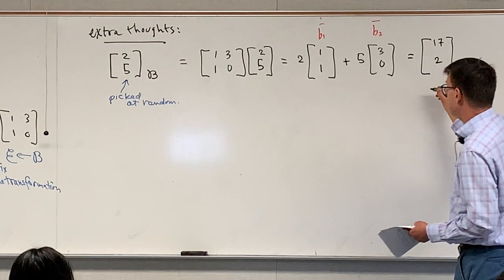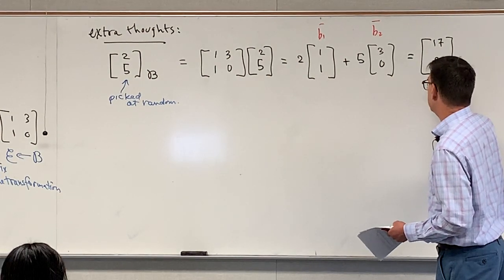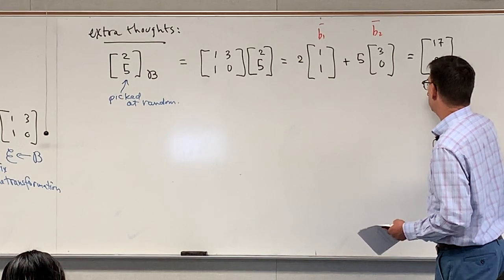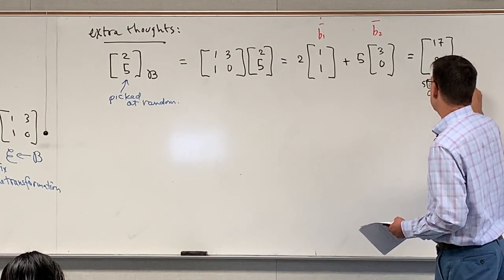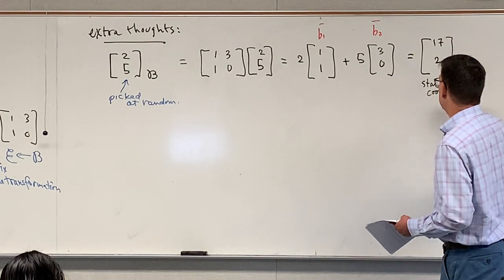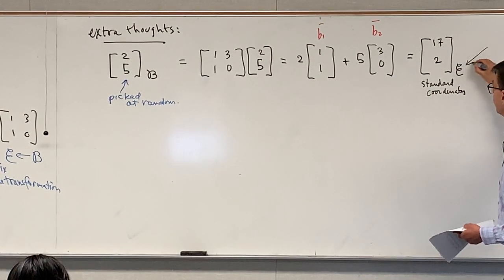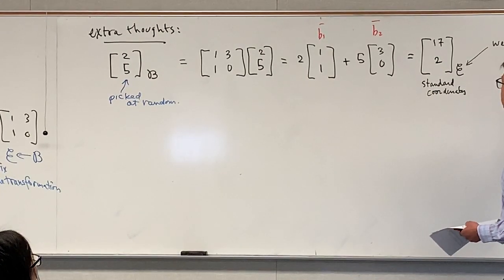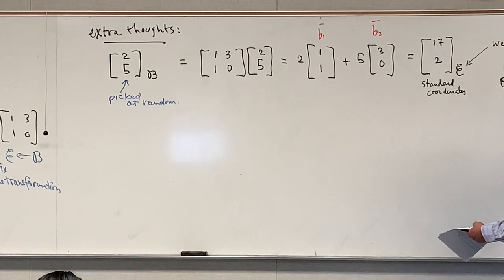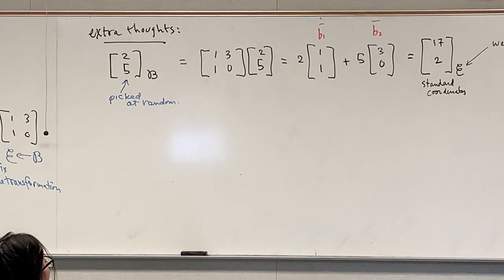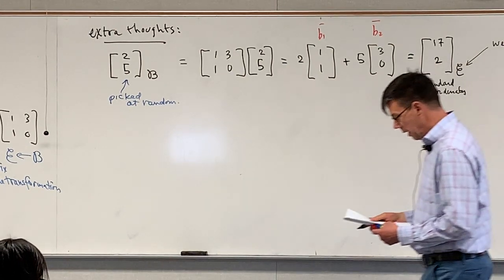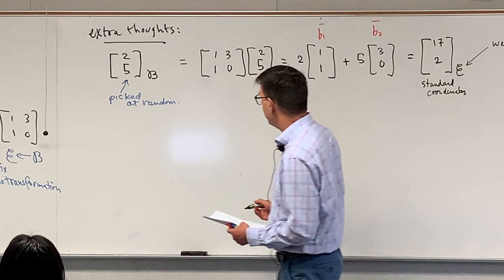And that's just in standard coordinates. You could put a little curly e there, but we usually leave the e off, because that's our favorite way of describing a vector with the standard basis. And all right, so what am I going to do now?